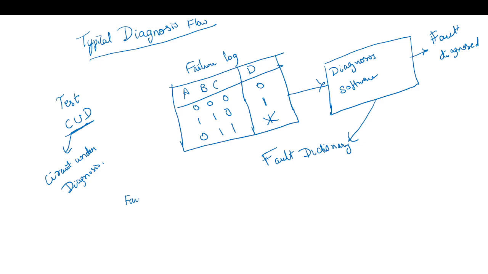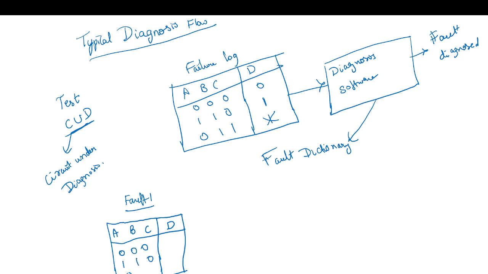Say fault 1, with A, B, C, and the response D. For this fault 1, it gives a failing pattern for this and a failing pattern for this. It's 0 instead of 1. This means this pattern output is not obtained, like a failing pattern.